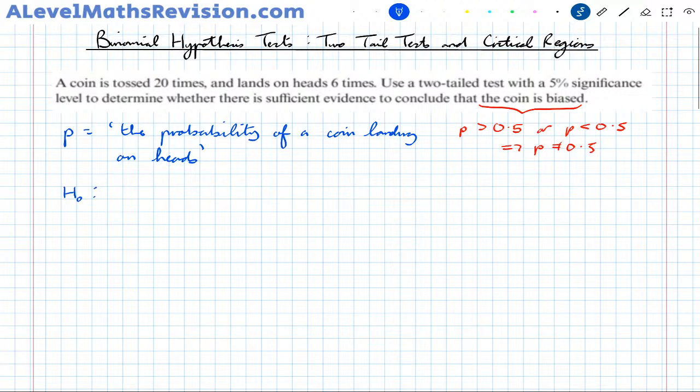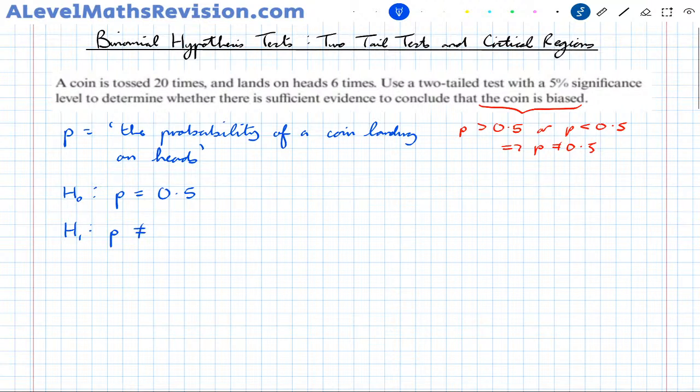and the null hypothesis, if we trust the coin to be real and fair, would be the probability of it landing heads is 0.5. And the alternative, we can't say whether it's greater than or less than 0.5. We're just being asked whether it's biased.